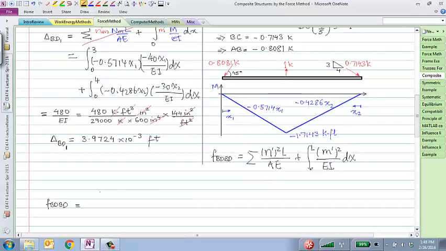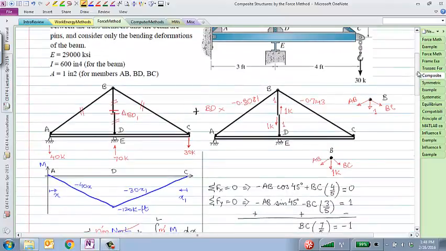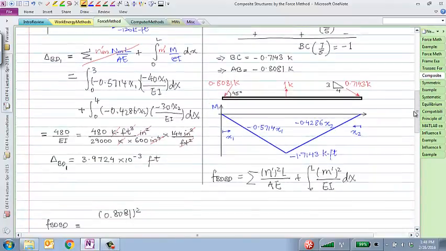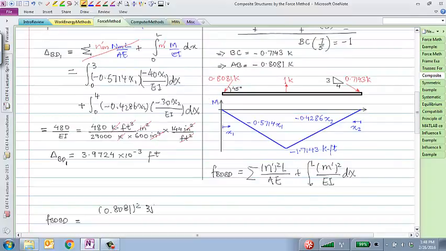First, 0.1 squared, and the length of this member is 3 square root of 2, over AE.